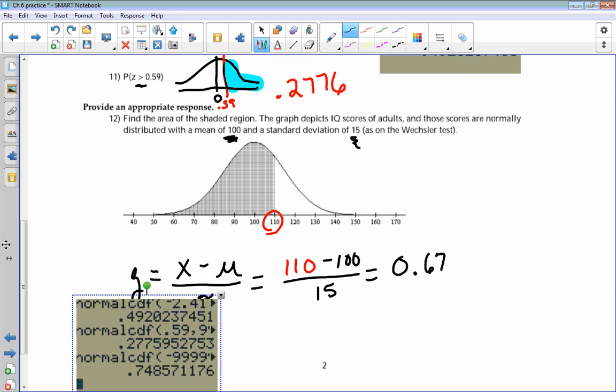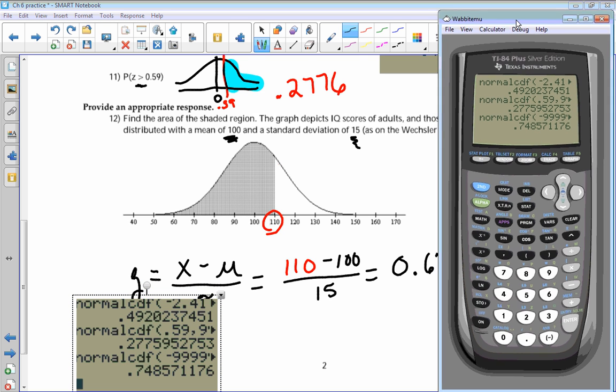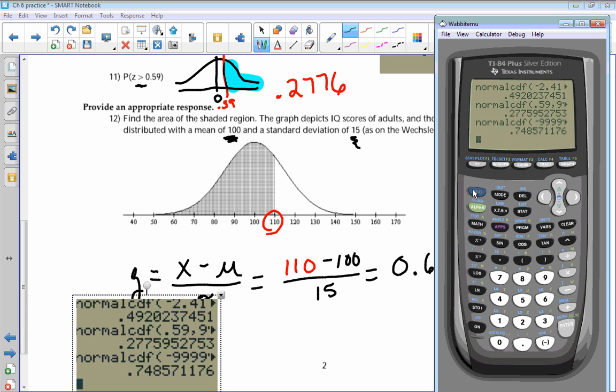Now, the other thing that we can do is let the calculator work for us. We can put in those numbers. So second distribution, I'm still going to go to the normal curve, but I can tell it what I want mu to be and standard deviation to be, and it calculates the z-scores and puts everything standard as I need.